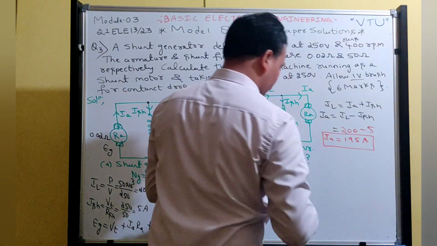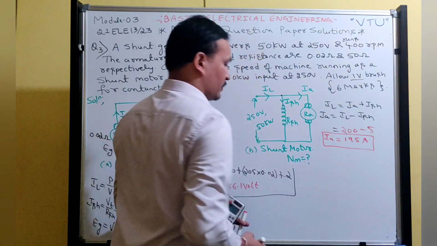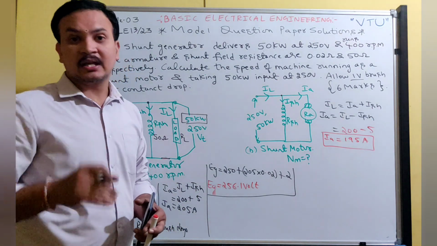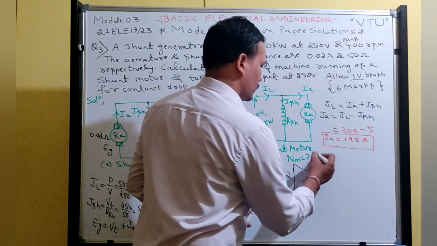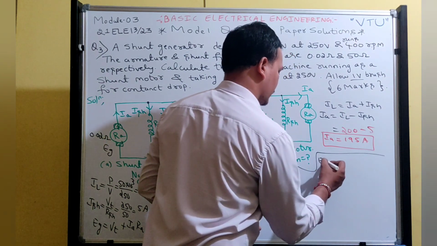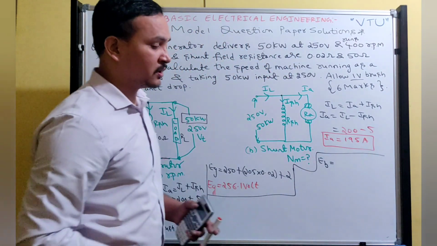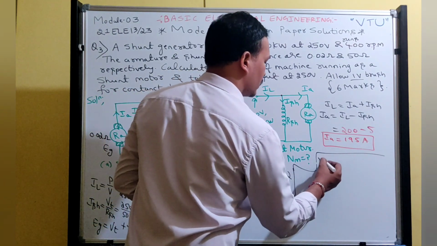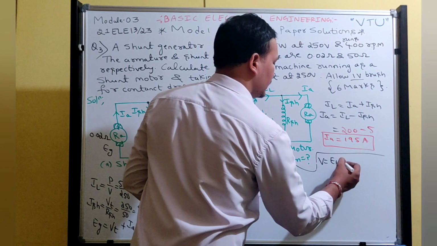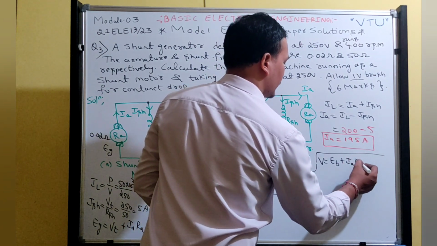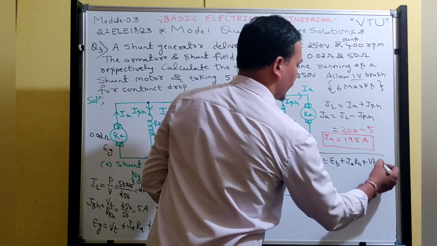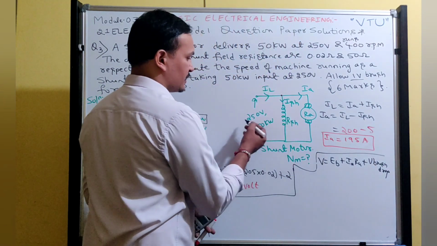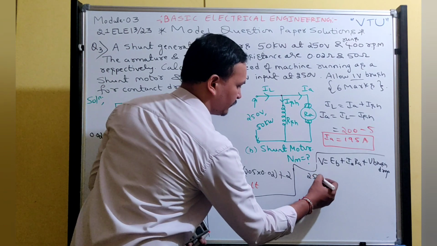Okay. Now find the back EMF in the motor. In a motor, generating action will be there. That is called back EMF. So the back EMF formula for the motor can be written as, otherwise you write the voltage equation of the motor: V is equal to EB plus IA RA plus V brush drop. What is the voltage connected to the motor? 250.